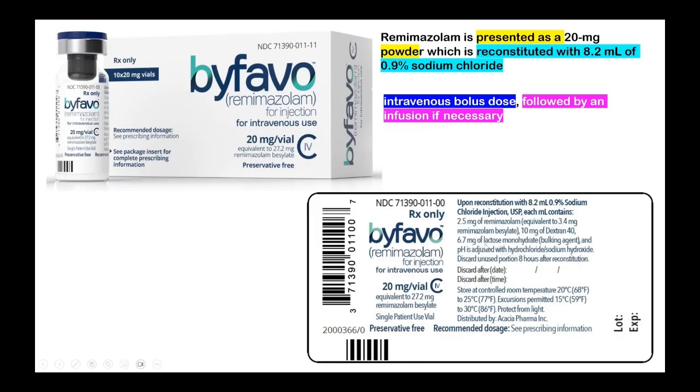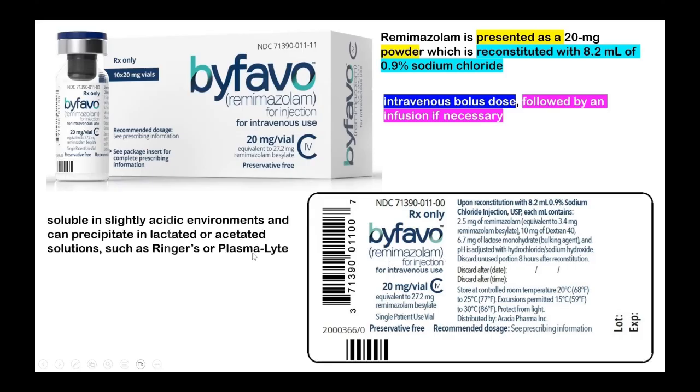The other components apart from the remimazolam powder are dextran 40 and lactose monohydrate. Both are bulking agents. It is slightly soluble in acidic environments and can precipitate in lactated or acetate solutions such as Ringer lactate or Plasma-Lyte. So you should not use them.